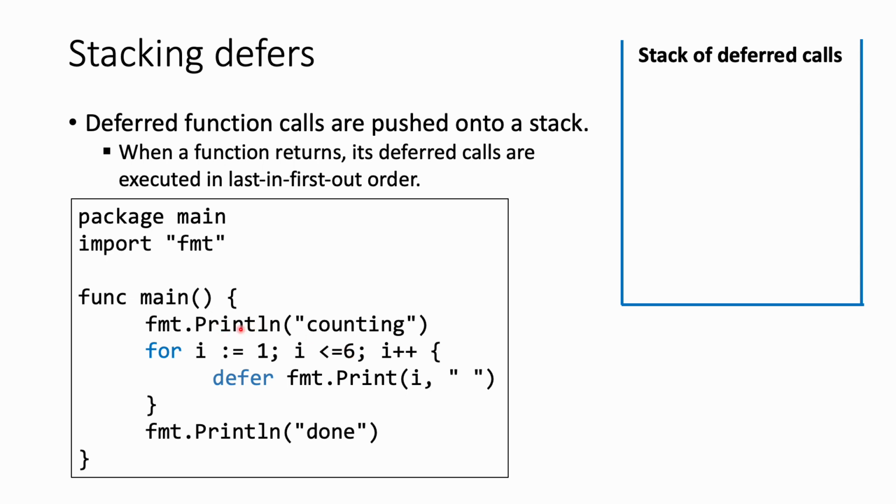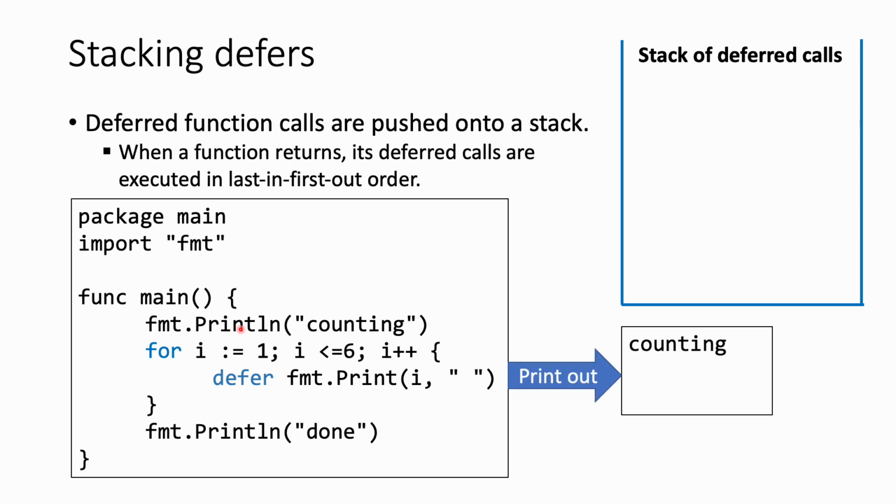Before the loop is executed, the main function has printed out the string counting. During the for loop, the call to Print of 1 is deferred first and is pushed to the stack first but not executed yet.